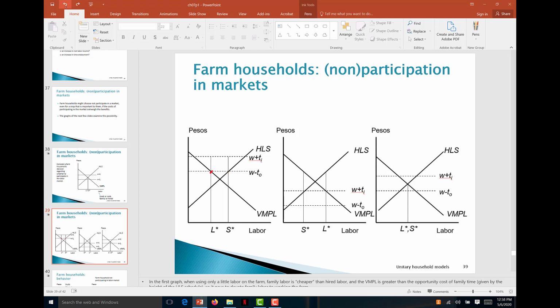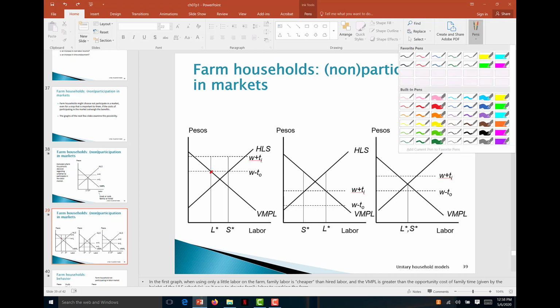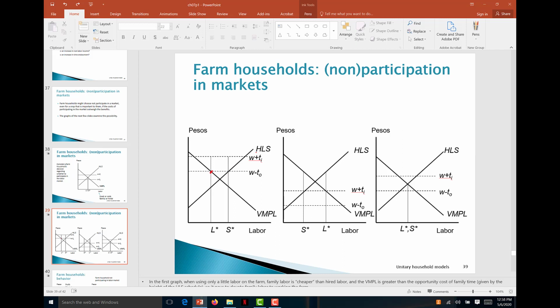in the labor market. Now, working in the labor market is only attractive as long as the wage that you receive net of the transfer costs is higher than your reservation price for labor, which is represented by your household labor supply curve.